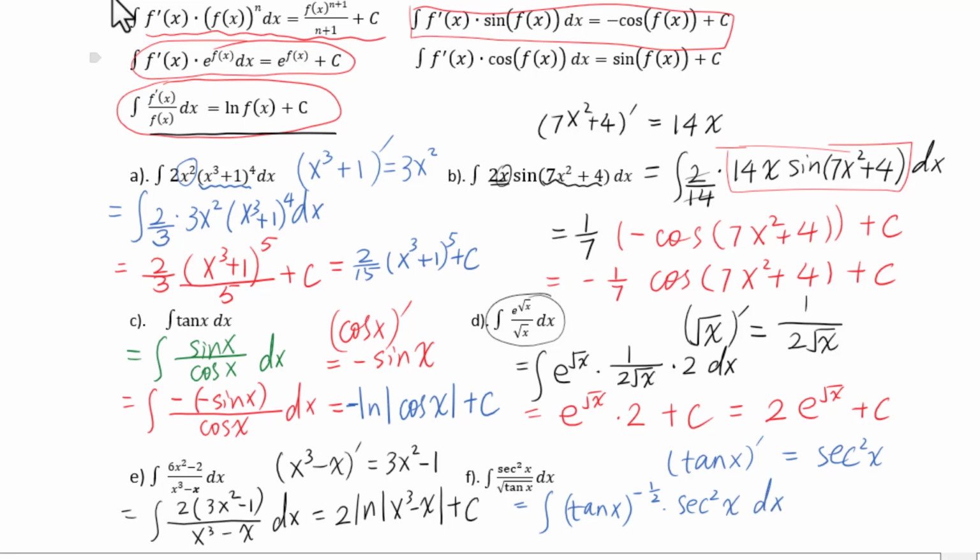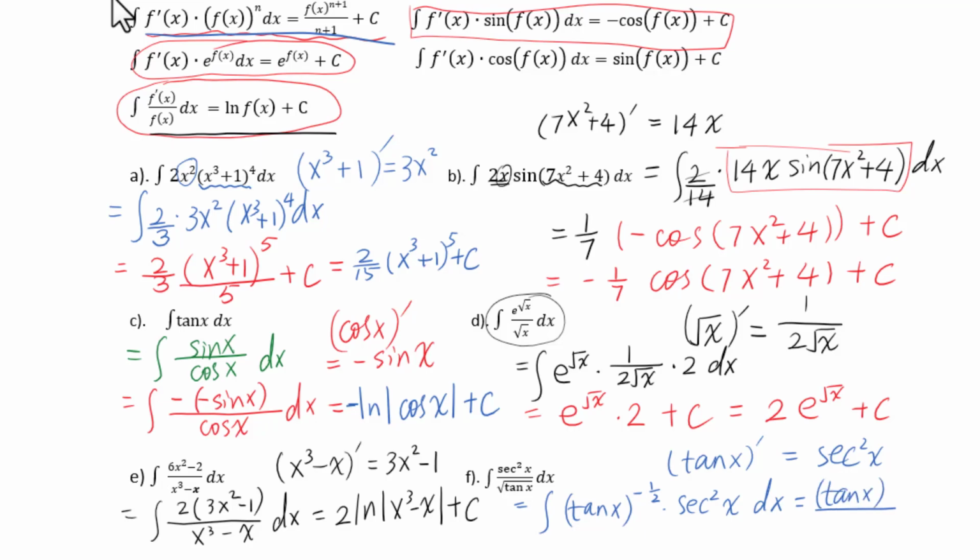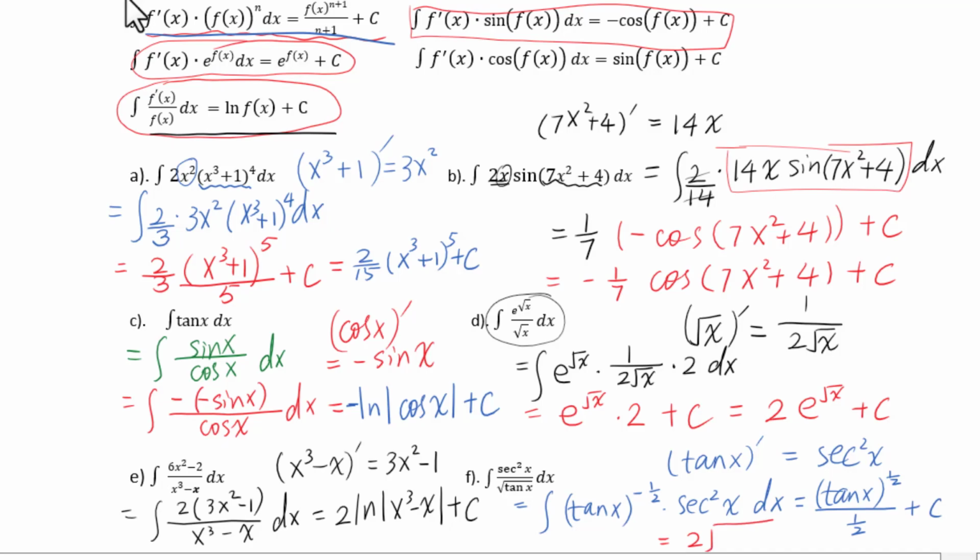We have to use the first formula. That equals tangent x to the 1/2 power over 1/2, then plus c. Organize, we will get 2 square root of tangent x plus c.